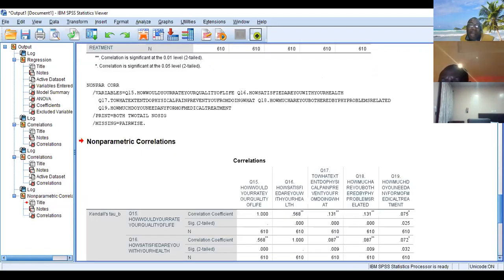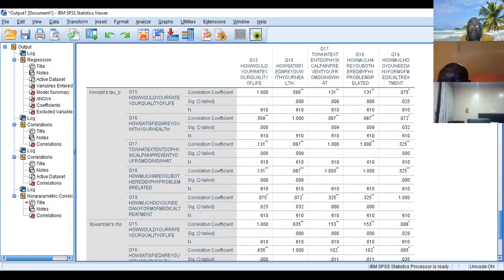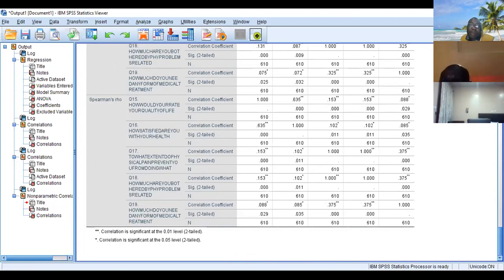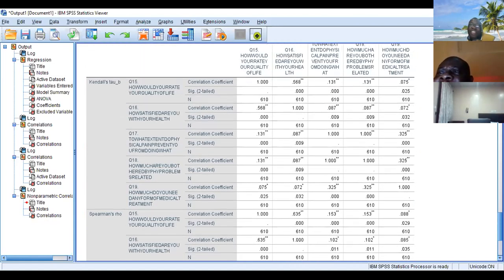Look at the Spearman and Kendall. Spearman is actually smaller than Kendall. Let's check 17, 18 now. We're not seeing the heading, the upper questions.